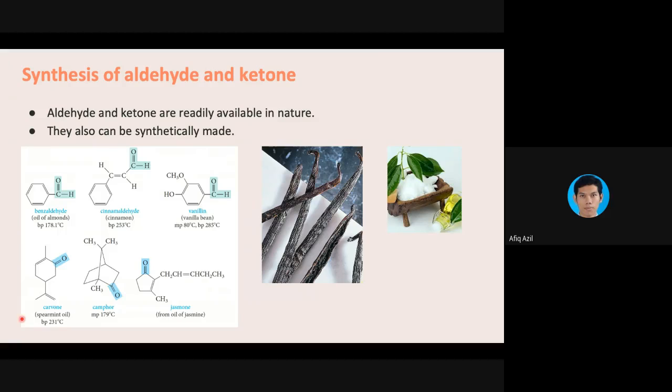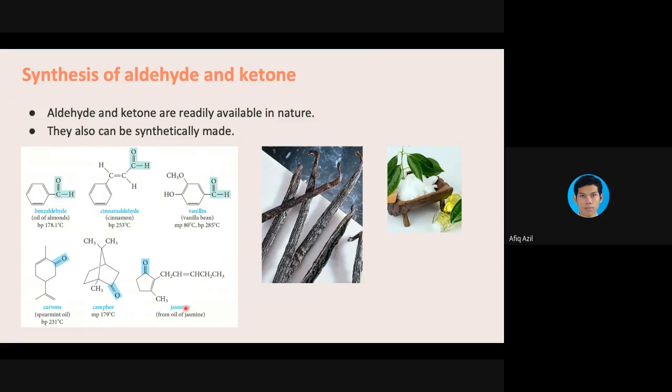Examples of ketones: you have carvone here, which is the essential oil from spearmint, a type of plant. And this one is camphor, which is also obtained from a plant. From these you can obtain this white powder, which in Malay I think is called kapur barus.